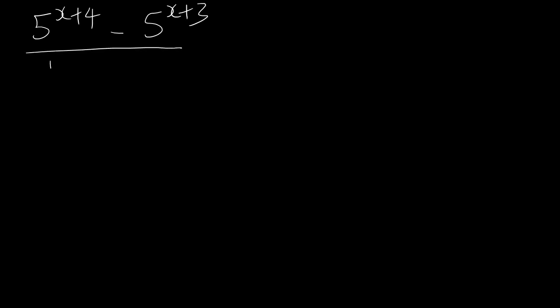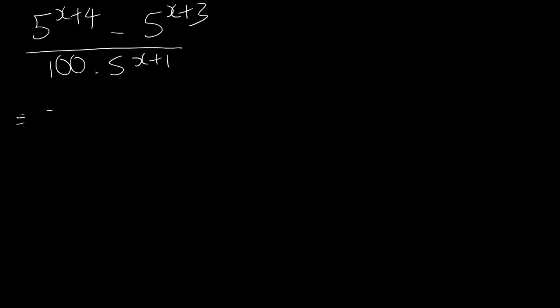So in this example, we have (5^(x+4) minus 5^(x+3)) all over 100 times 5^(x+1). So our concern is the 100, but let's not worry about that. Let's do what we have to do and separate them.